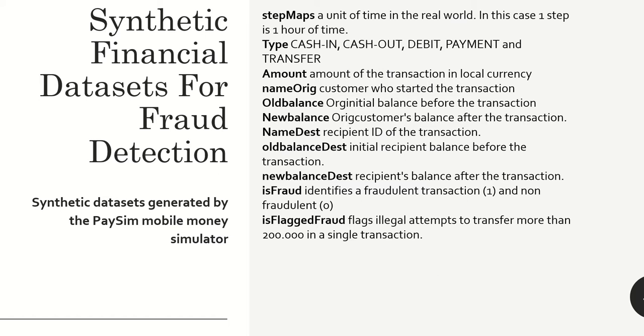Also, the main difference is that the columns are, for example, old balance, which is the balance before the transaction, and new balance, the balance after the transaction.